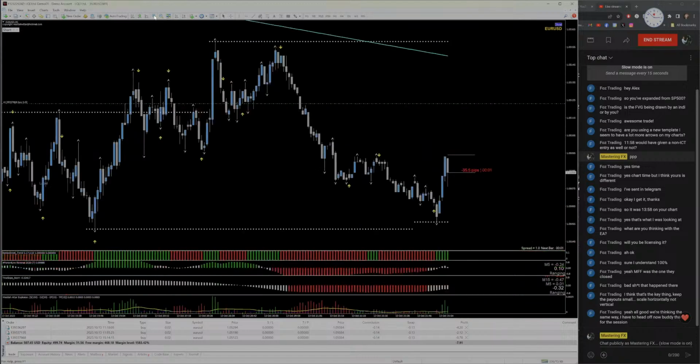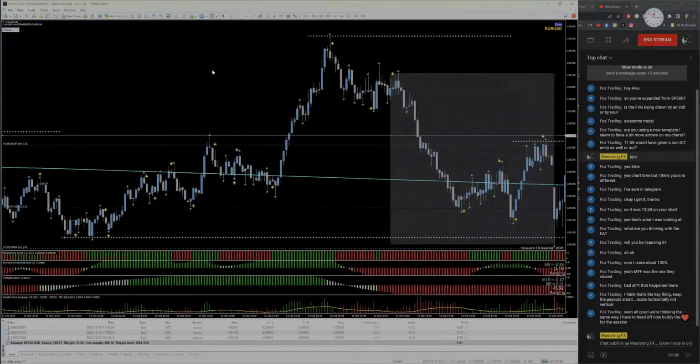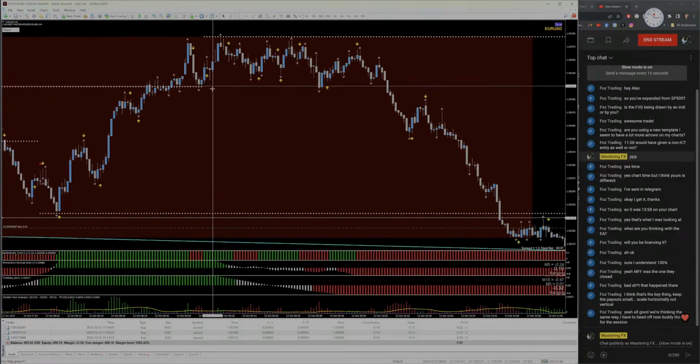Let me zoom in a little bit. So price comes out here. This was our last low, last high, and we do not breach any of those until here. But there was no fair value gap at this point anyway. We looked at that earlier.